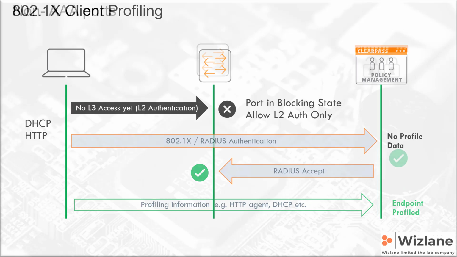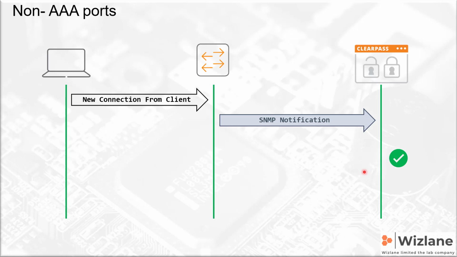Now, when it comes to the non-AAA port, meaning the port that is not attempting to perform authentication, maybe that is any device that is not able to do .1x or MAC authentication.